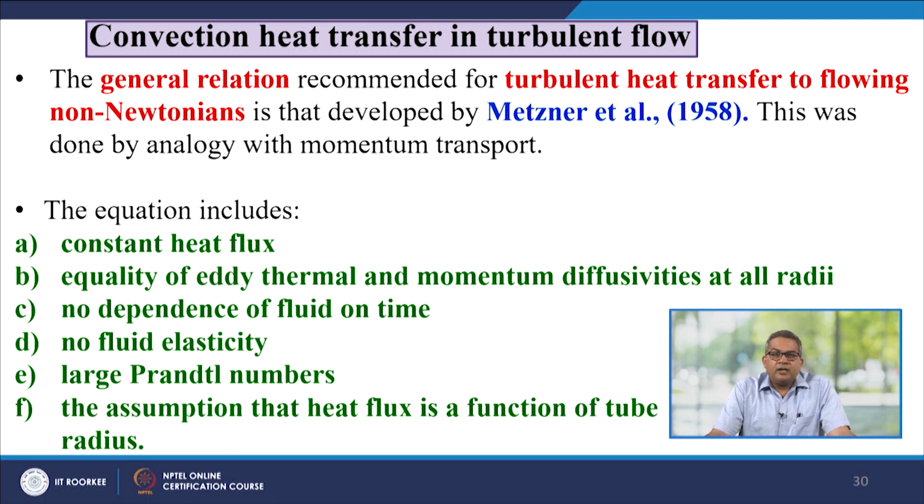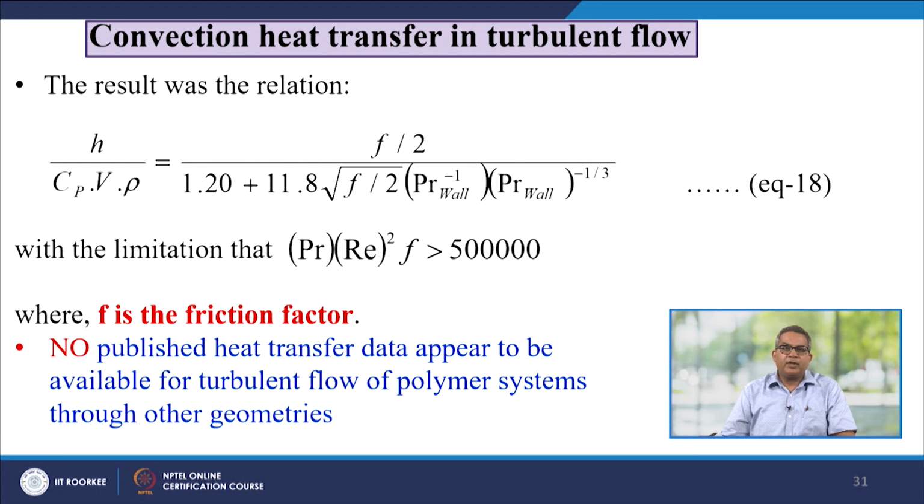Now, the general relation recommended for turbulent heat transfer to flowing non-Newtonian fluids was developed by Metzner in 1958, and this was done by analogy with momentum transfer. This particular equation assumes constant heat flux, equality of eddy thermal and momentum diffusivity at all radius, no dependence of fluid on time, no fluid elasticity, large Prandtl number, and that heat flux is a function of tube radius.